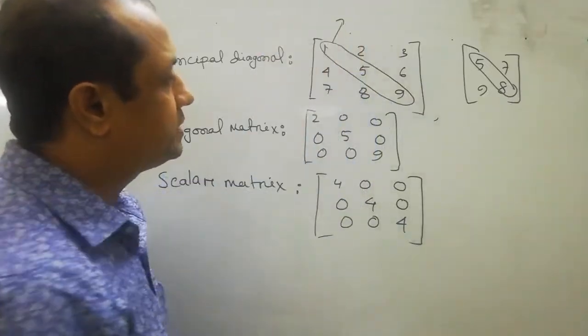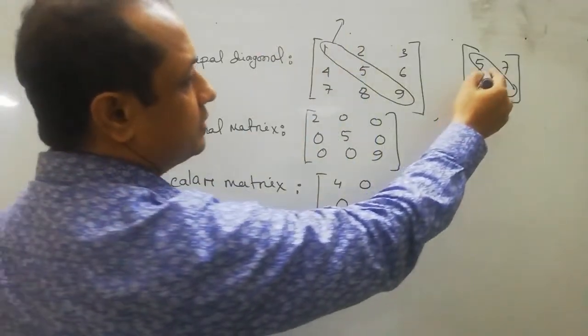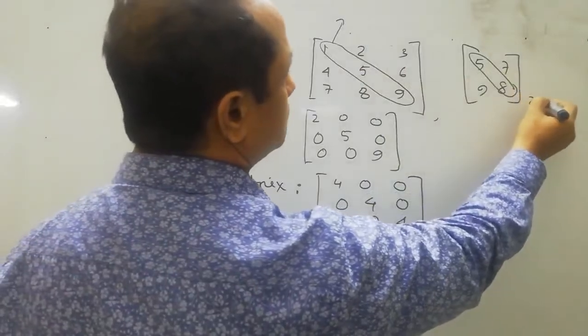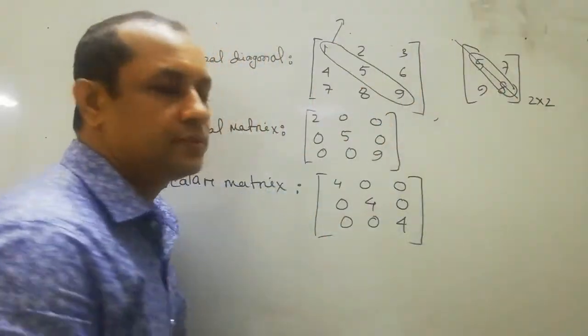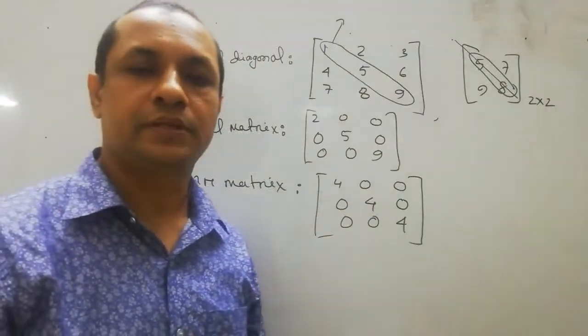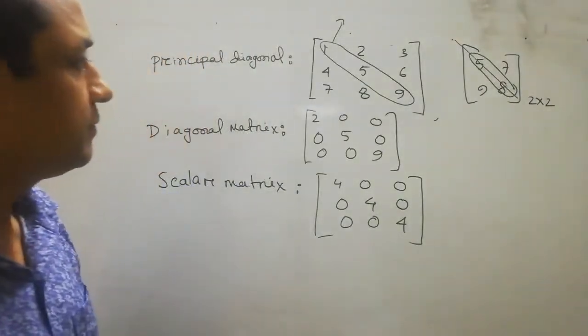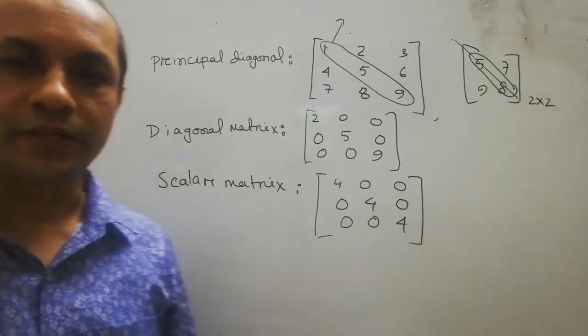This is the principal diagonal. Here it is a square matrix, a 2 by 2 matrix. So this diagonal is called the principal diagonal.